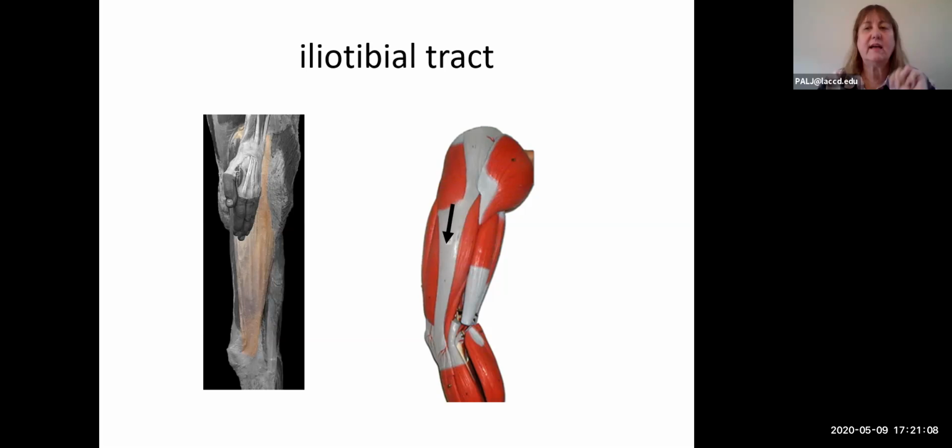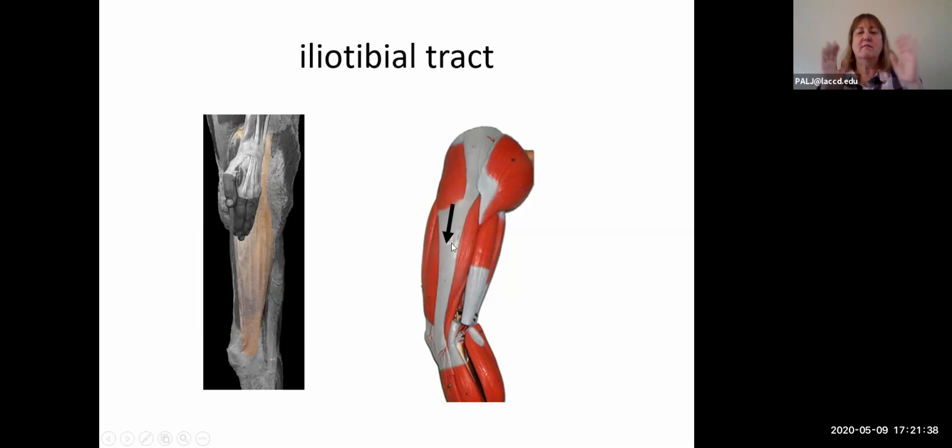All right, the second thing I wanted to point out is go up to the buttocks area. And you clearly can see the gluteus maximus muscle, and the gluteus maximus muscle is going to insert into this iliotibial tract. I know it doesn't look like it matches up exactly, but in real life, if you look at the picture on the left, here's your gluteus maximus muscle, and then there's the tendon of it, and you can see how it inserts into the iliotibial tract.